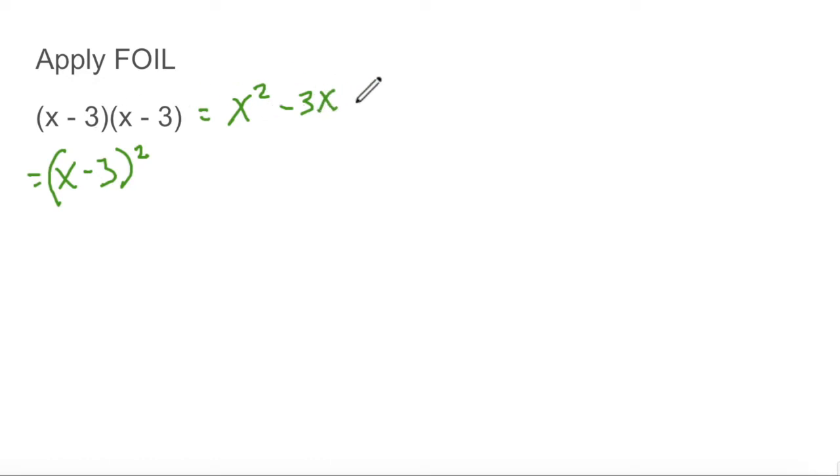Inside term also gives us negative 3x. And the product of the two last terms, negative 3 times negative 3, gives us a positive 9. And when we combine like terms, we get x squared minus 6x plus 9.